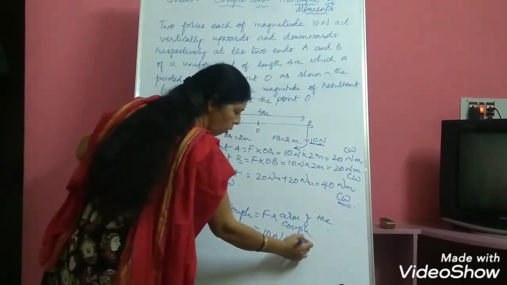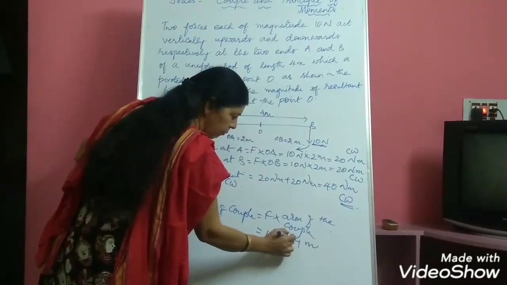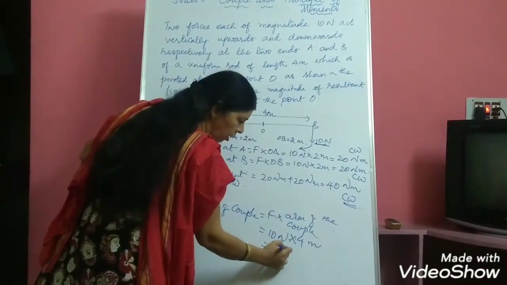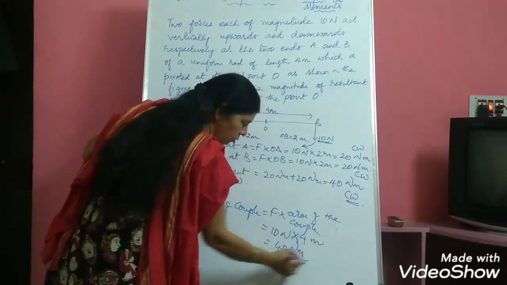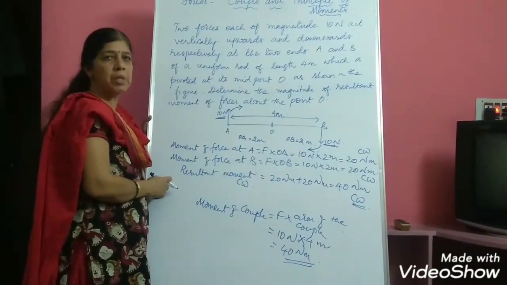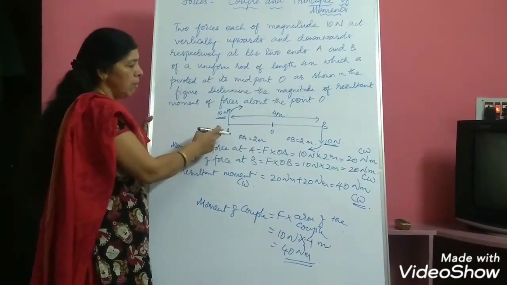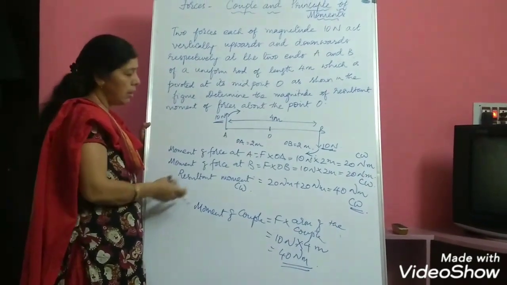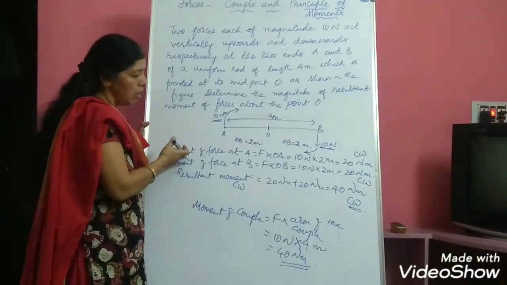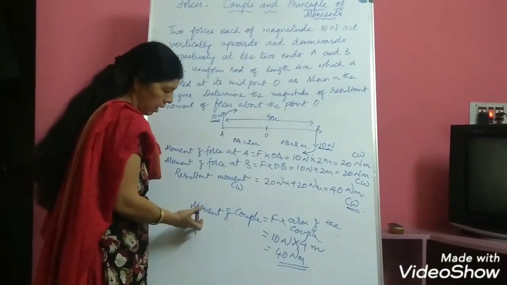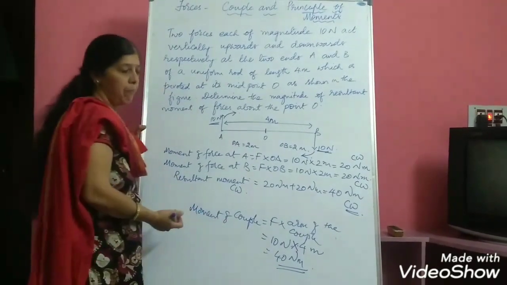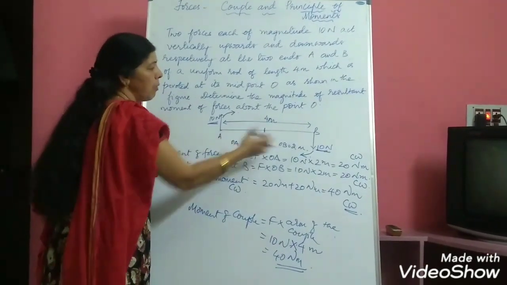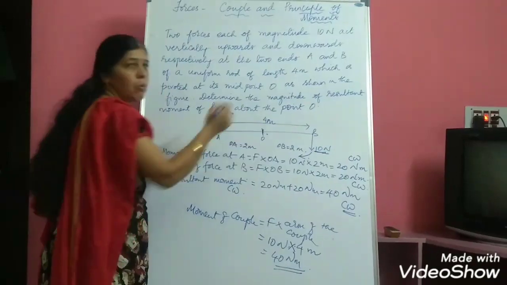Arm of the couple is 4 meter. This will be equal to 40 Newton meter. The moment of couple also will be equal to 40 Newton meter. So this is the solution for this problem. Either you can calculate the moment of force separately, or you can directly go for moment of couple. Whenever couple acts, then this uniform rod starts rotating about the point O.